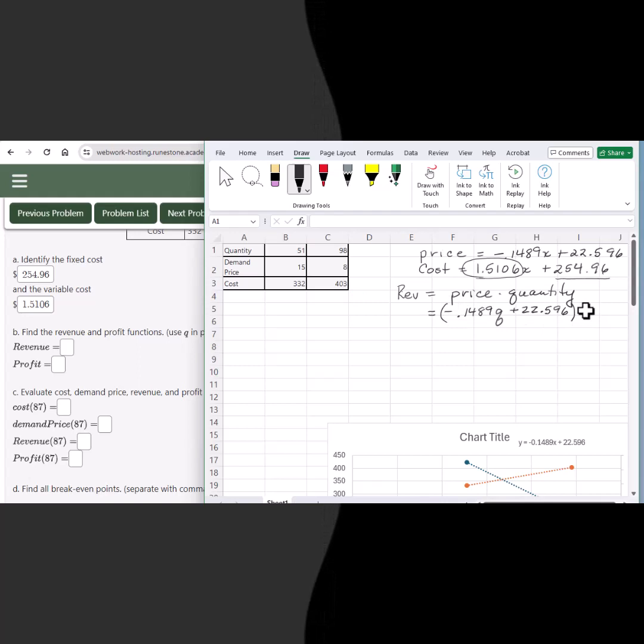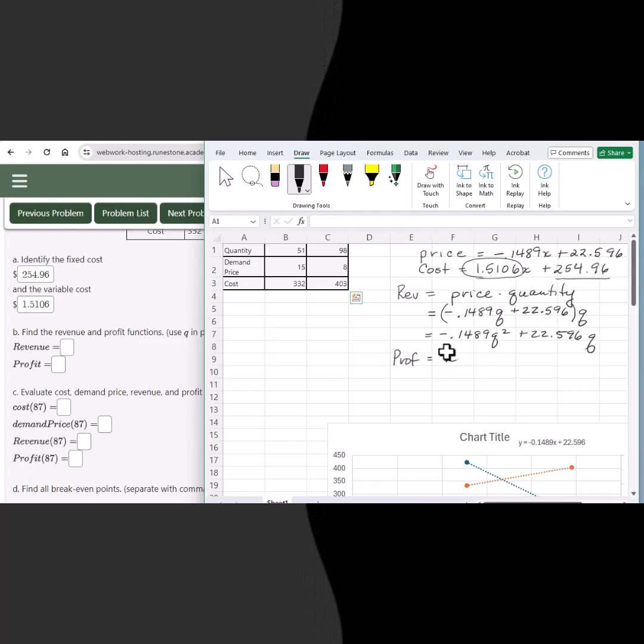And all of that times another q. The revenue function, negative 0.1489 q squared plus 22.596 q. And then profit is revenue minus cost.